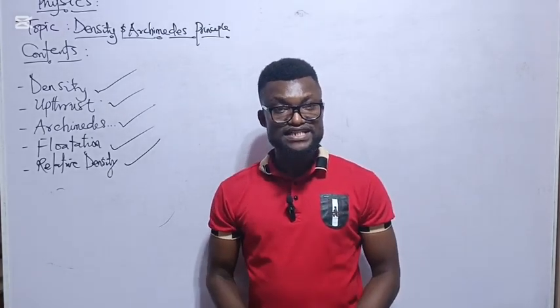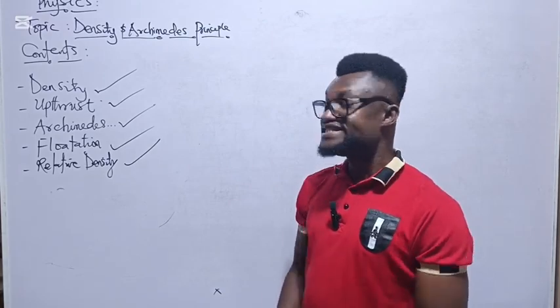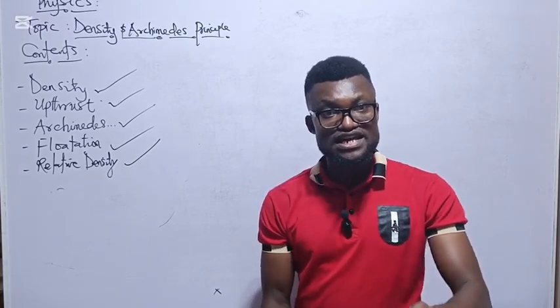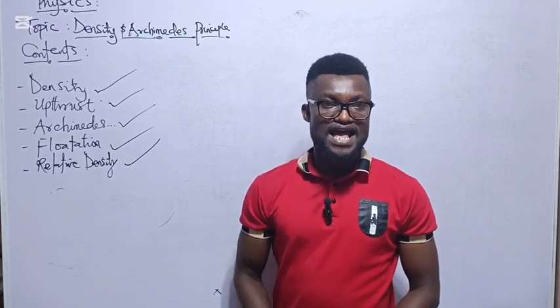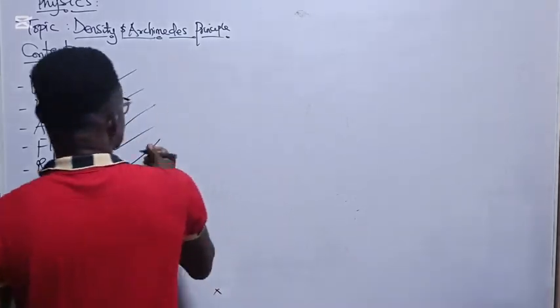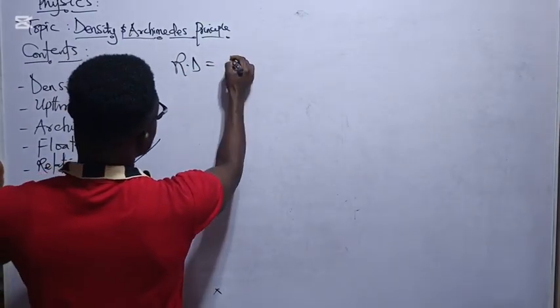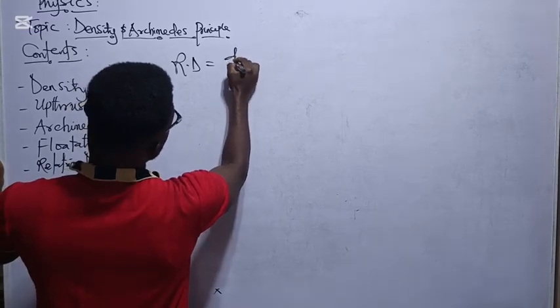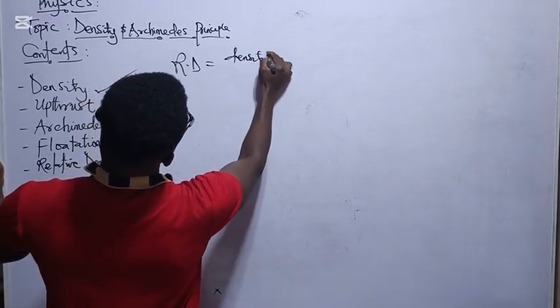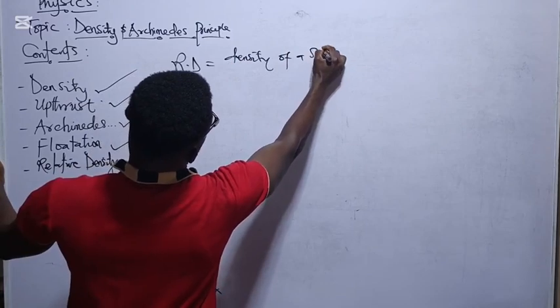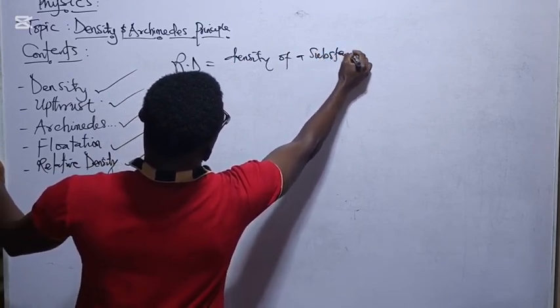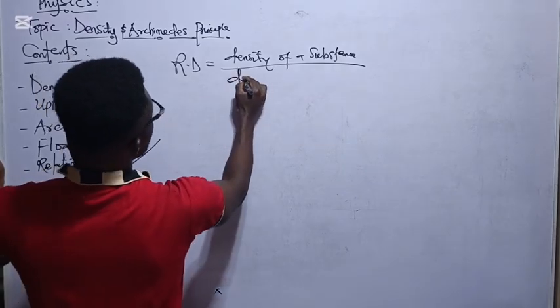Mathematically, relative density is the density of a substance per density of water. So we have it: the relative density is the density of a substance to the density of water.